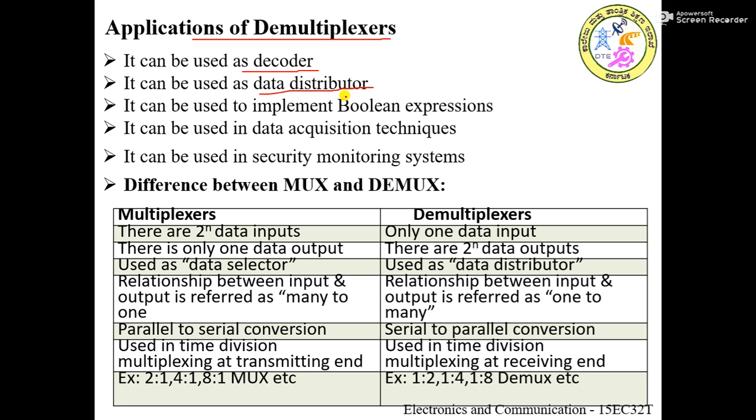They can be used to implement Boolean expressions like multiplexers. Multiplexers also were used to implement Boolean expressions. These also find their application in data acquisition systems or data acquisition techniques, and are used in security monitoring systems. Again, this question may be asked for 2 to 3 marks: to write the applications of demultiplexers.